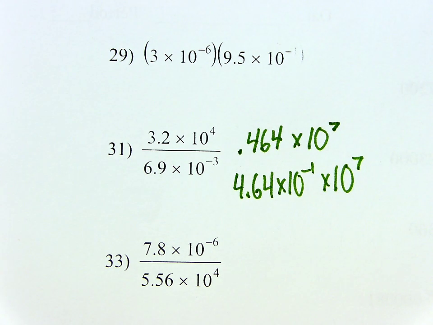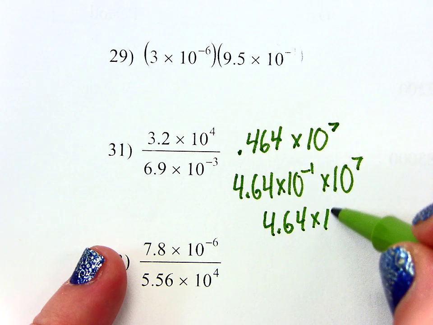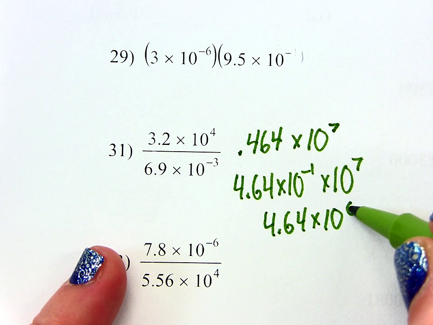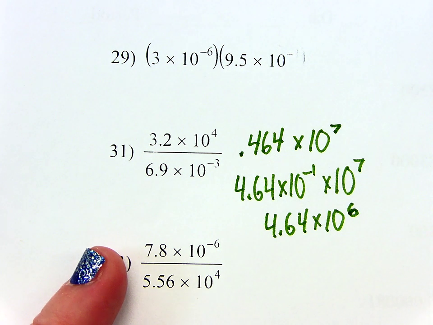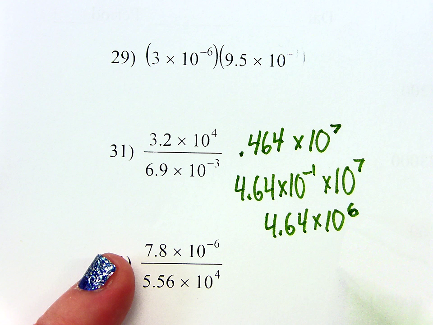So now when I put all the pieces together, I get 4.64 times 10 to the 6. So I'm just going to add my exponents, right? Negative 1 plus 7 gets me 6. Now I'm done. The number's between 1 and 10, and everything's situated.